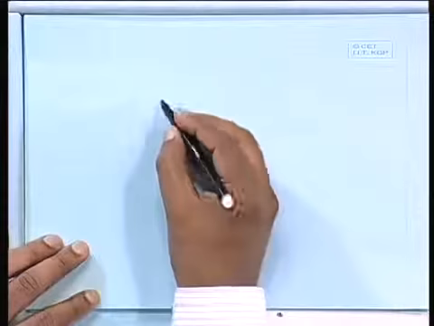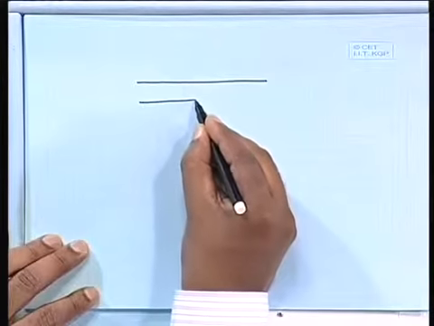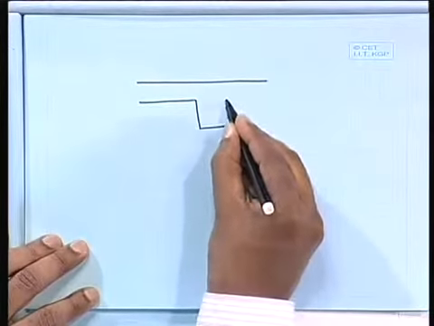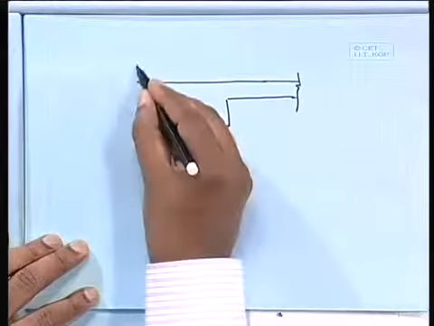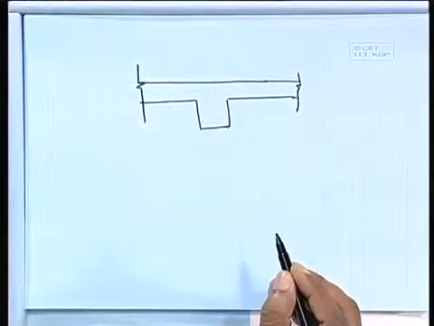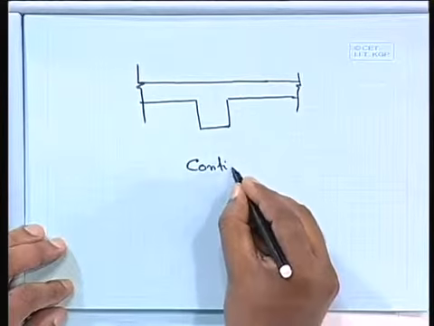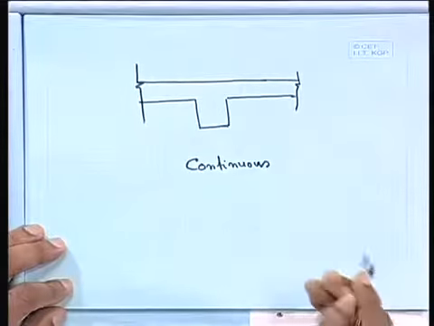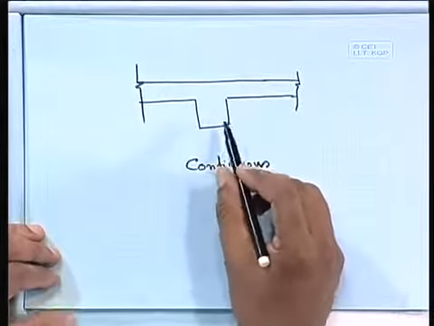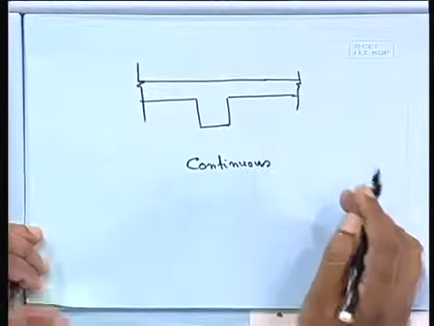The other one we can take is continuous. So, continuous support, it may be a beam or it may be a wall also.